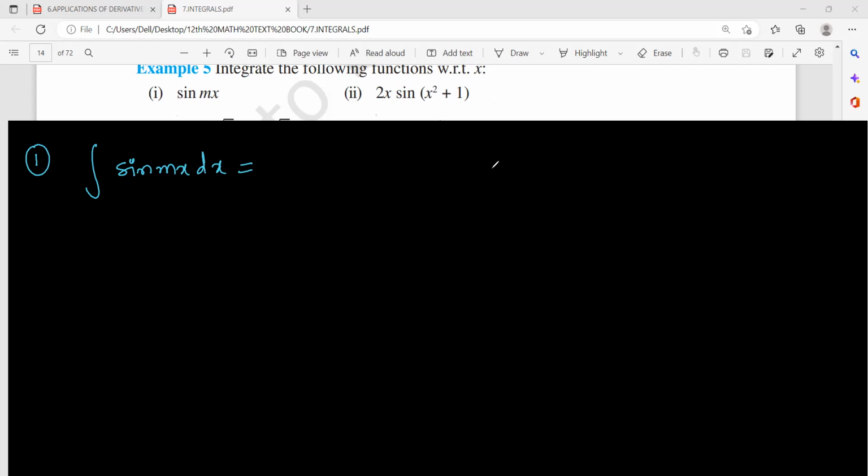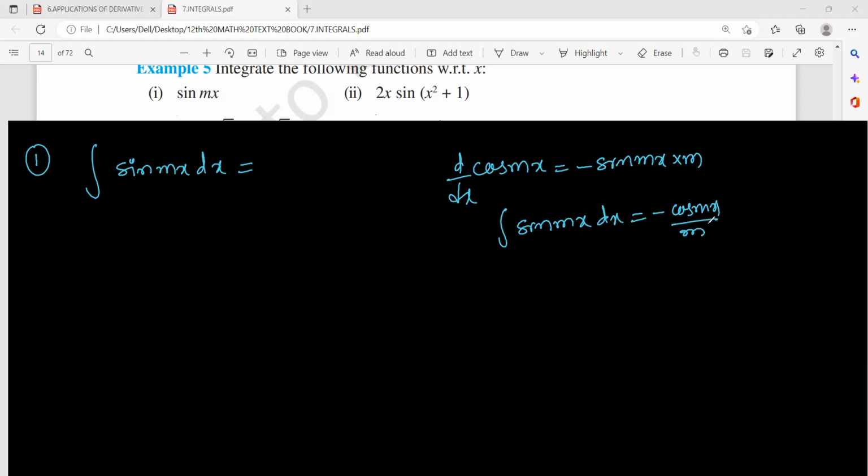How? Because the derivative of cos mx is minus sin mx into m. So we take the minus to that side and m to that side. Sin mx dx is minus cos mx by m. That's what you should know first.